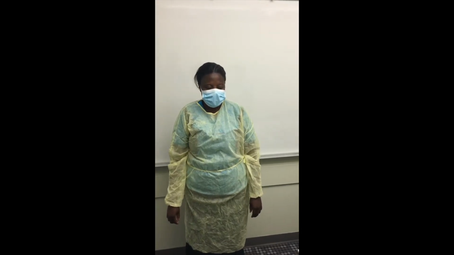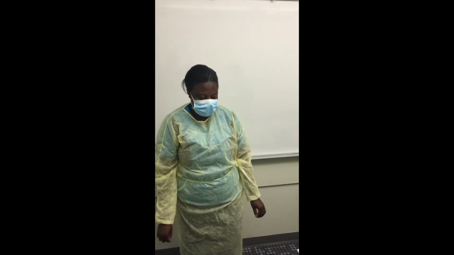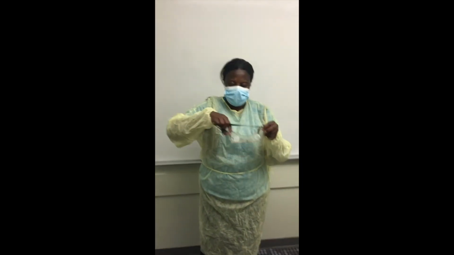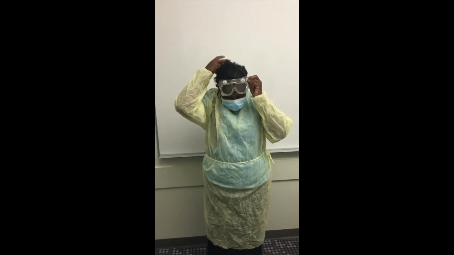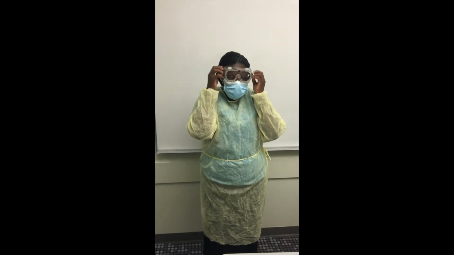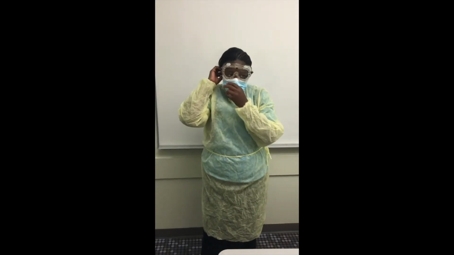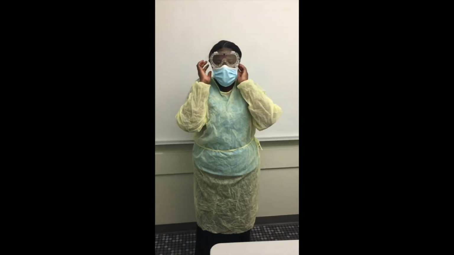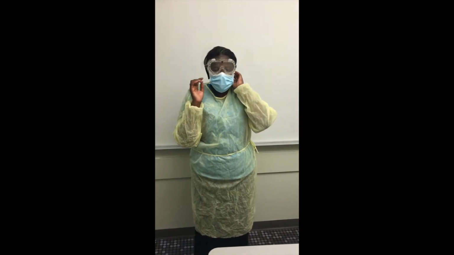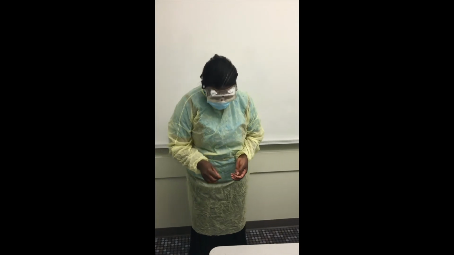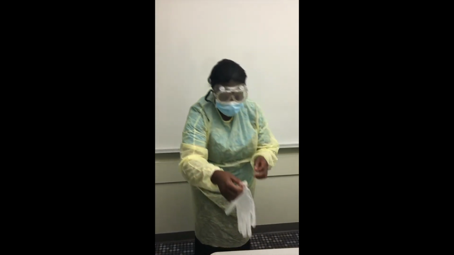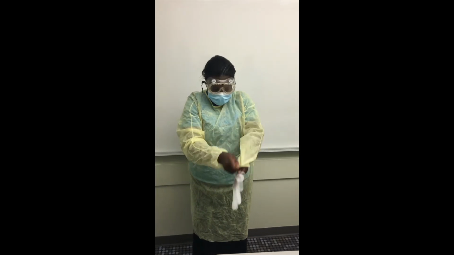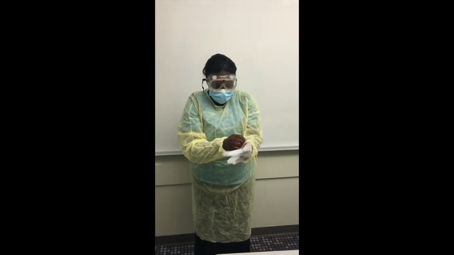Then don the eye protection such as goggles, making sure the goggles sit snug on the face, but not too tight. Then don the gloves in the end, making sure the gloves cover the cuffs of the gown completely.